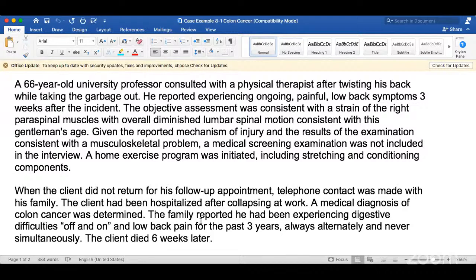Ordinarily, if we had looked holistically at what might have contributed to the twisting of his back, could it be that the weight of the garbage was more than usual? Could it be the way he lifted was different from before?